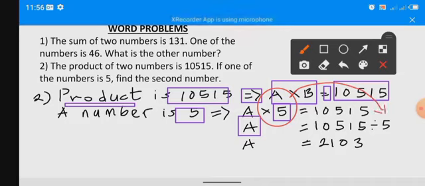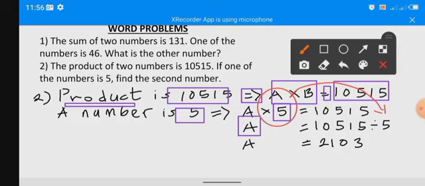A and times 5 are on the left hand side of the equation. We now move the times 5 to the right hand side so that A could stand alone on the left hand side.